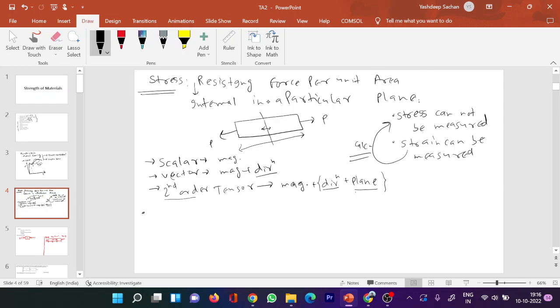So for any material, like steel, plastic, iron, or titanium, if we apply the same force P, and the cross section area is the same for all, the stress would be the same in all, right?